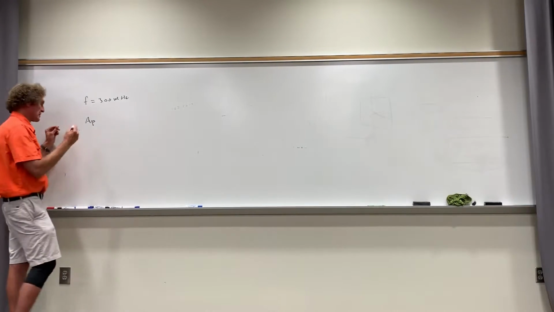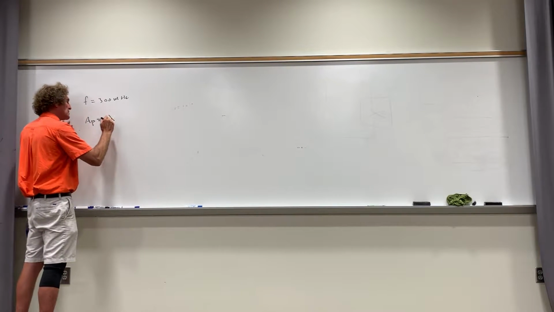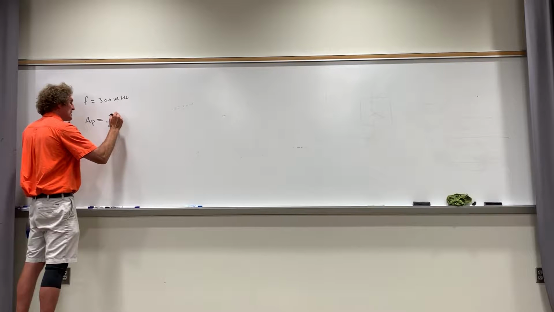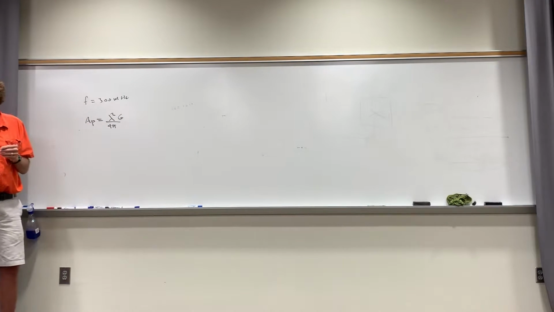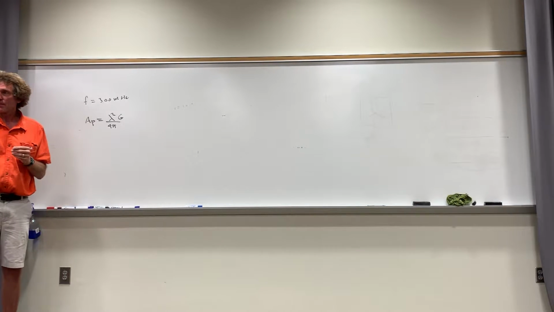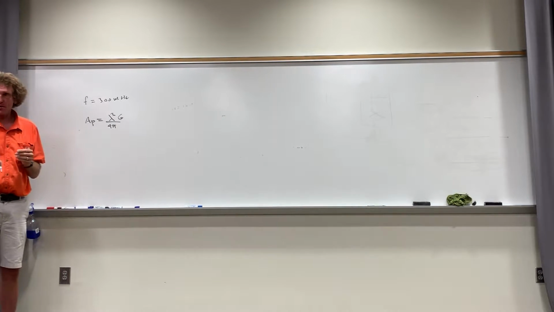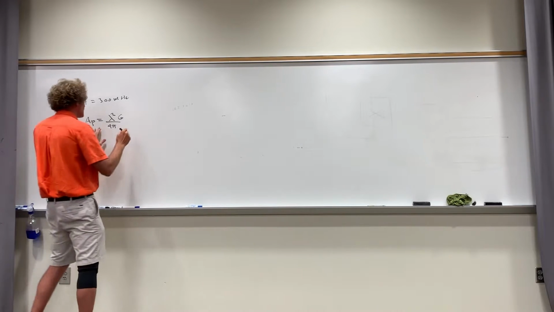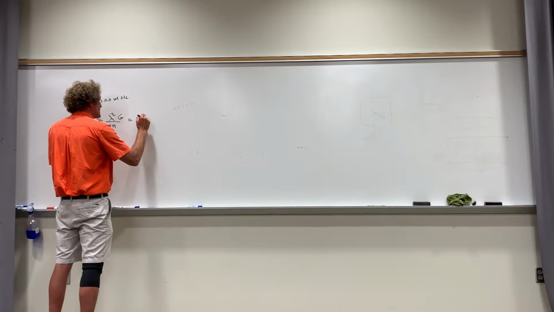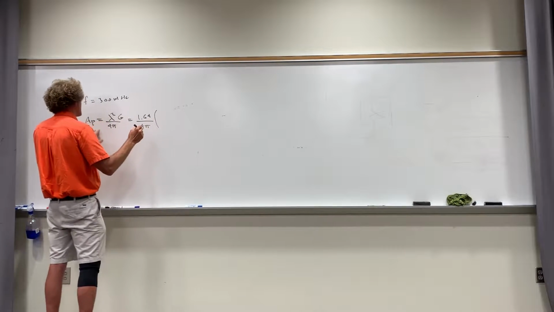Aperture is always going to be lambda squared over 4 pi times the directivity, or really the gain. For a half-wave dipole, do you remember what the maximum gain was, anyone? 1.64. That's exactly right. For a short dipole, it's 1.5. Half-wave, it's 1.64. So this would be 1.64 for the gain over 4 pi, times the wavelength squared.